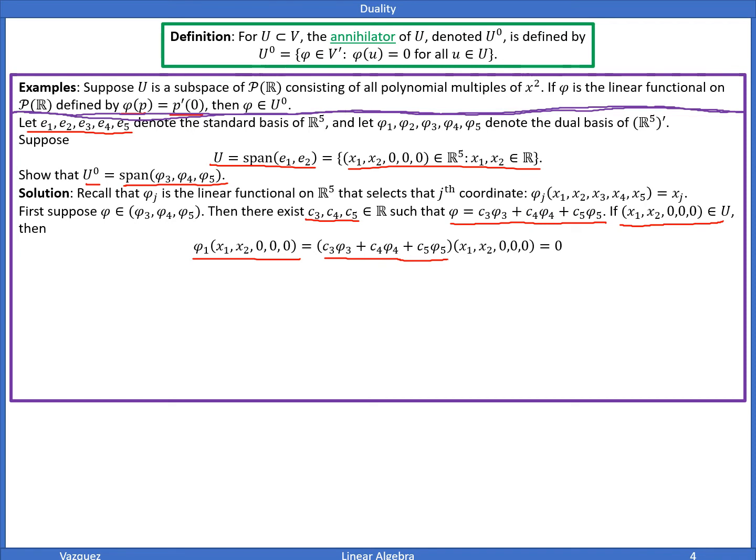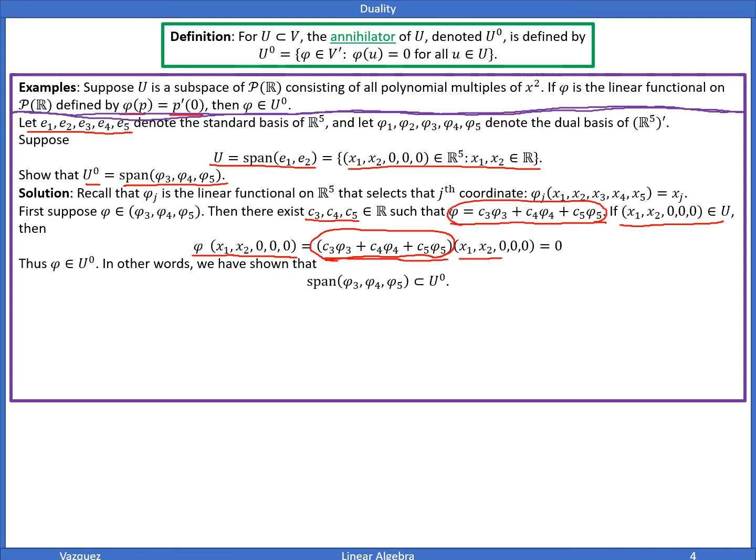Wait, okay, so there's a mistake right there. That one there shouldn't be there. Let me erase that, as it might cause confusion. So phi of x1, x2, 0, 0, 0 is simply equal to, well, this is just phi, as we had set up here.